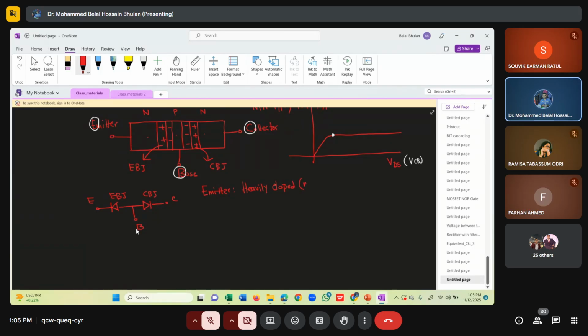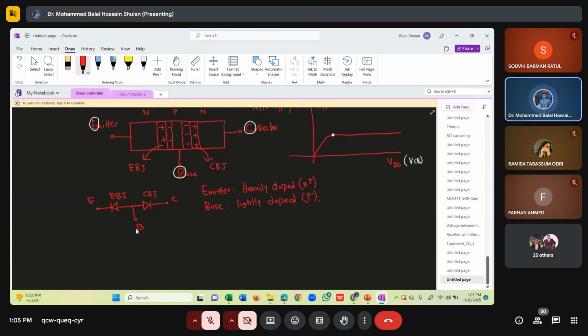That's why it is represented as N plus. That means the concentration of electrons is very high. The base is lightly doped. The concentration of holes in the base region is not that much, so sometimes you put it as P minus.